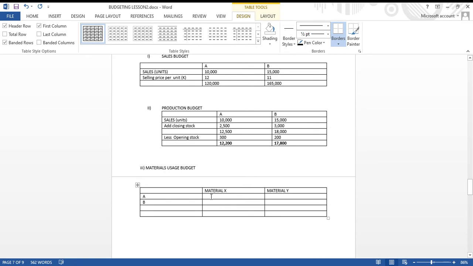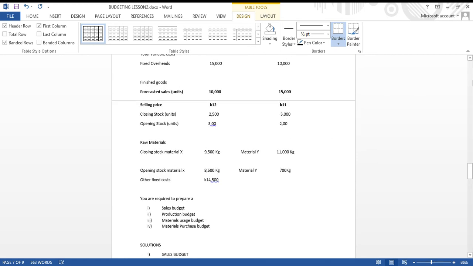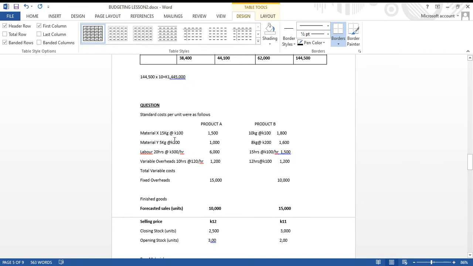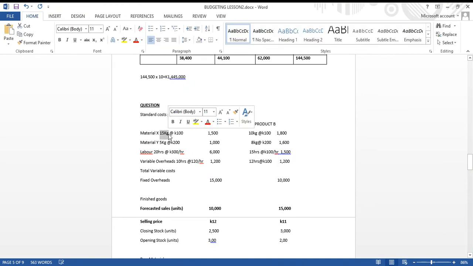For product A, remember we're making 12,200 units. How much of material X do we use for product A? 15 kg. We're using 15 kg of material X for product A. And how much of material Y are we using for product A?